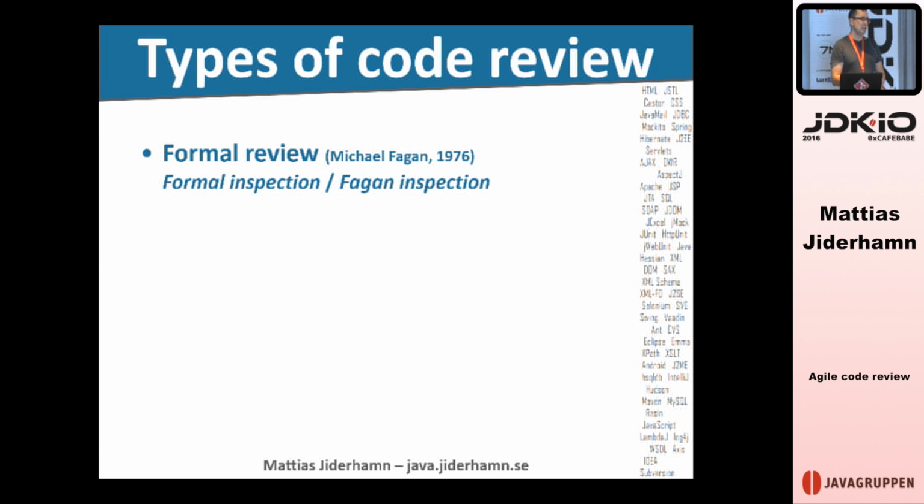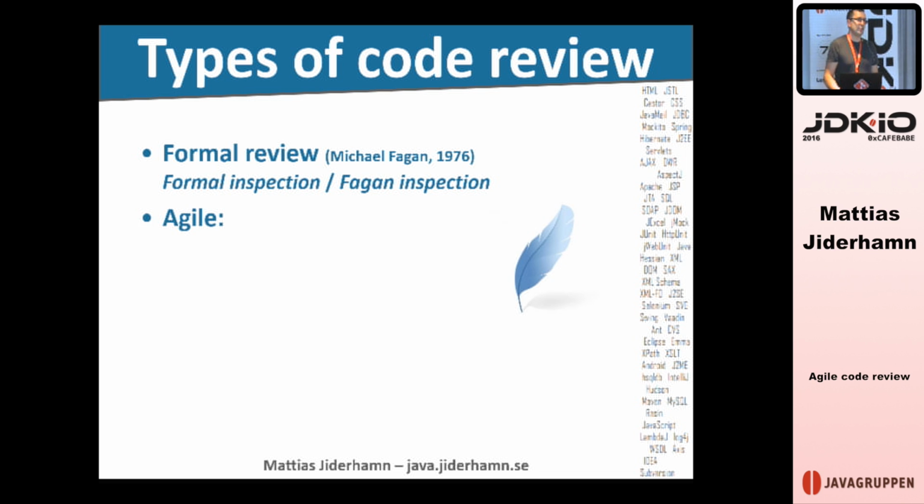So the people that have reviewed the code will read out loud their interpretation of the code, and the other people in the meeting will try to spot any errors, either in the interpretation of the reader or in the actual code. And once they have collected all the feedback, the author will go back and make the changes and then send out the material and call a new meeting. And as you've probably figured out, this isn't really an agile process.